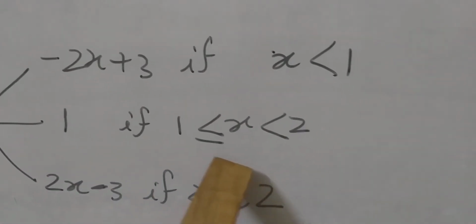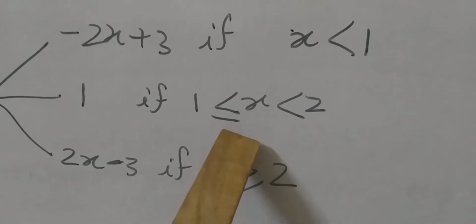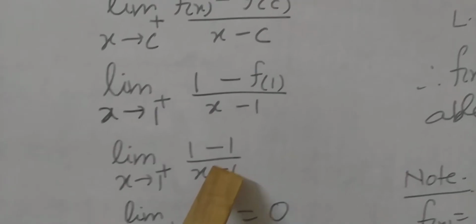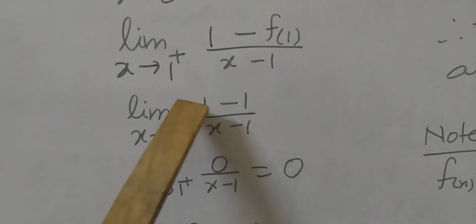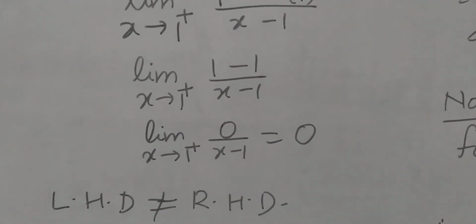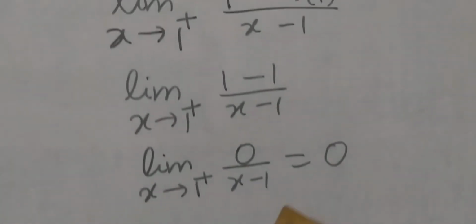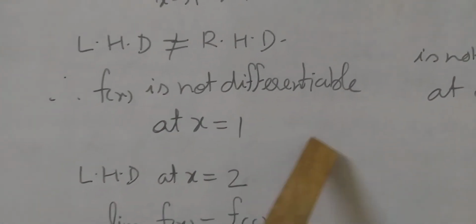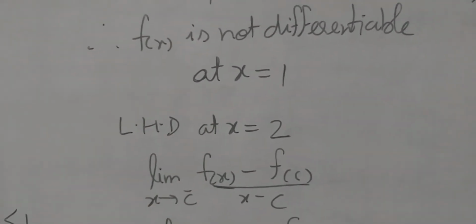So (1 − 1)/(x − 1) = 0. The answer is 0. LHD is −2, RHD is 0. LHD is not equal to RHD, so f(x) is not differentiable at x = 1.